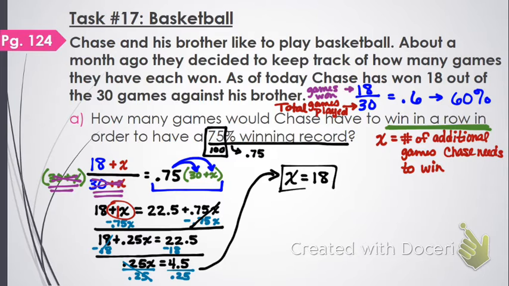So what does my answer mean now? Yes. He's got to win the next 18 games in a row to get up to a 75% win record.